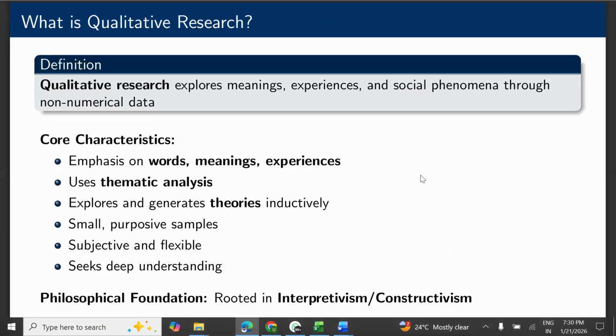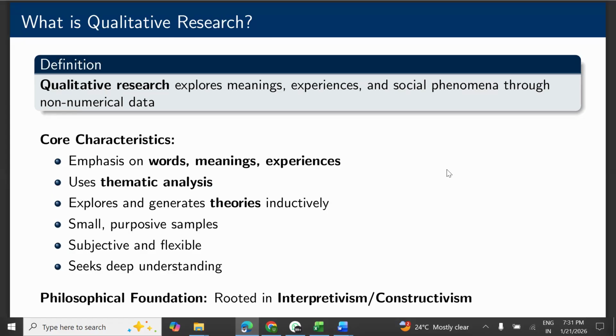Next, what is qualitative research? Qualitative research explores meanings, experience and social phenomena through non-numerical data. The core characteristics are emphasis on words, meanings and experience.